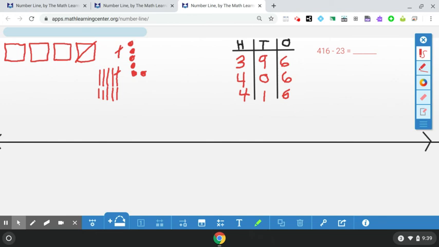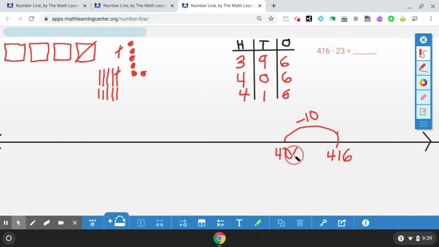Okay, time to do the number line. So once again, we know we're going to start at 416 because that is the total. Remember, this is an open number line, so I can put whatever numbers I want on here. I need to go 10 less. And when I go 10 less than 416, I saw here that it was 406 because I just took a 10 away.